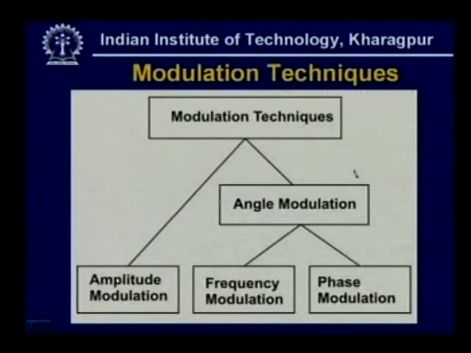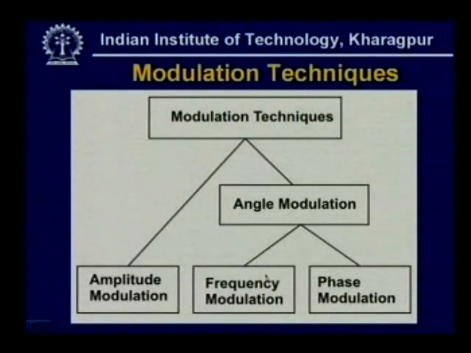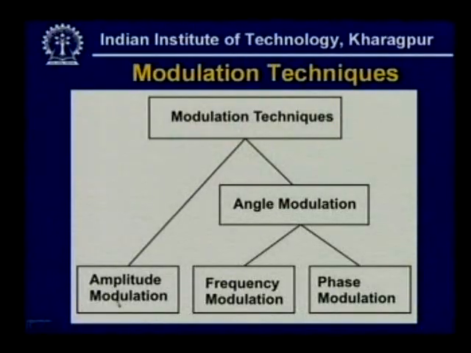It allows you multiplexing. Here are the various modulation techniques that are possible. As I told, you will be able to modify one of the three parameters: amplitude, frequency and phase. Whenever you vary the amplitude, we get amplitude modulation, that means the amplitude of the carrier.